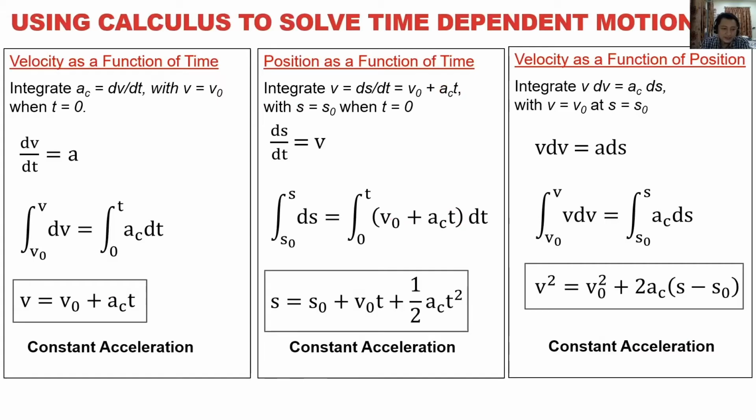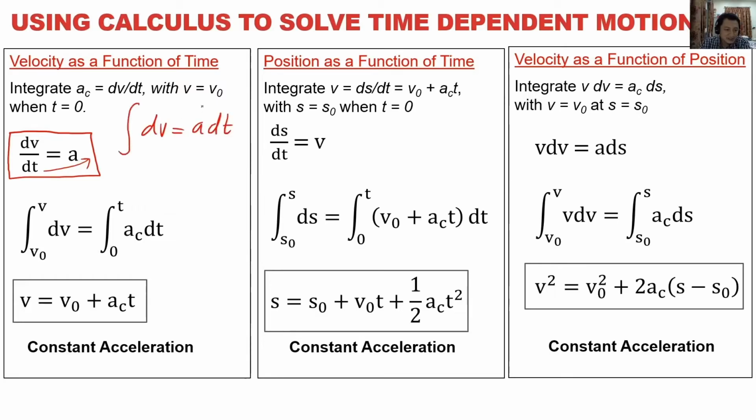Okay, so once you've got all those things, you can also integrate back. For example, dv over dt is equal to a. You can integrate, bring dt over here, and you get dv equals a dt.